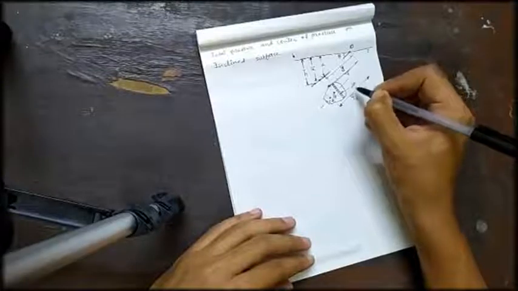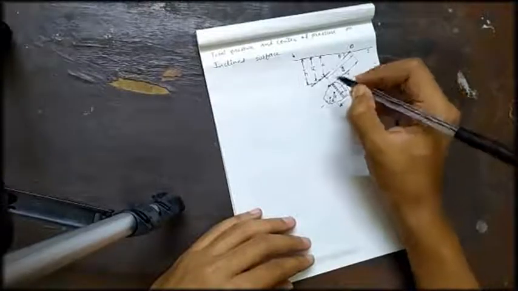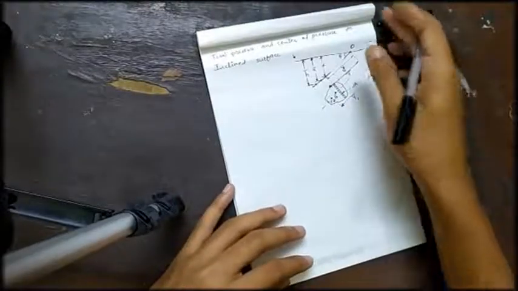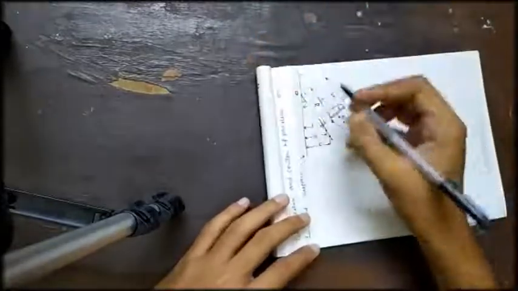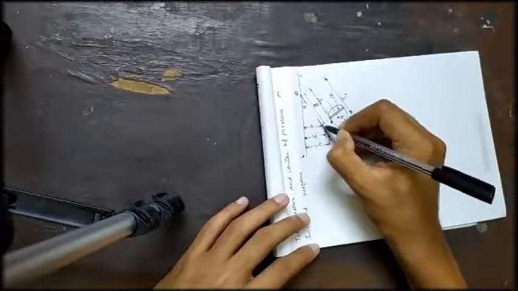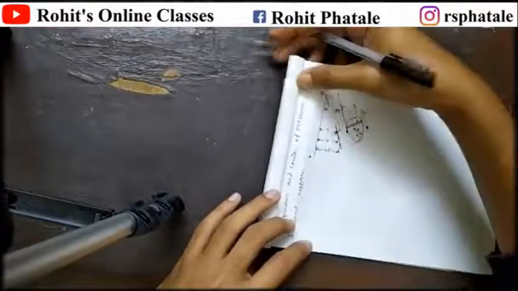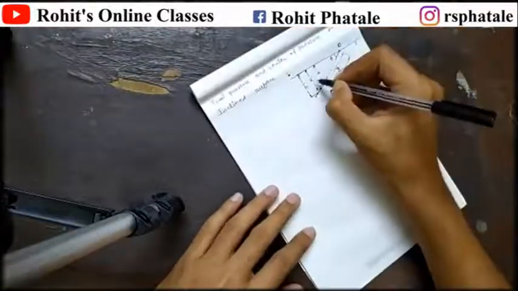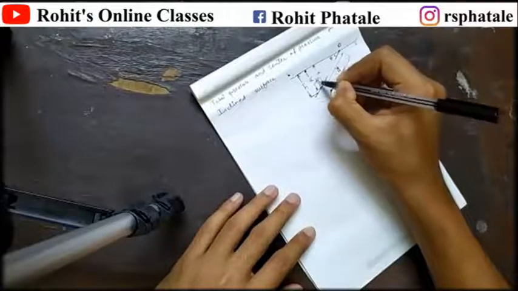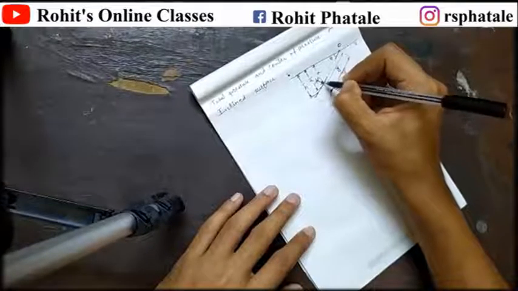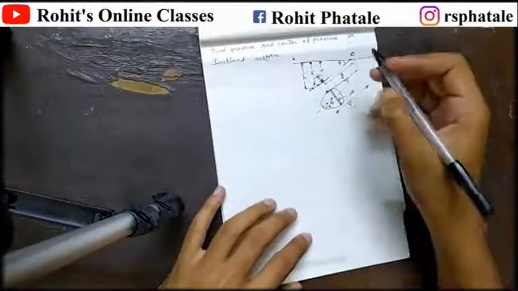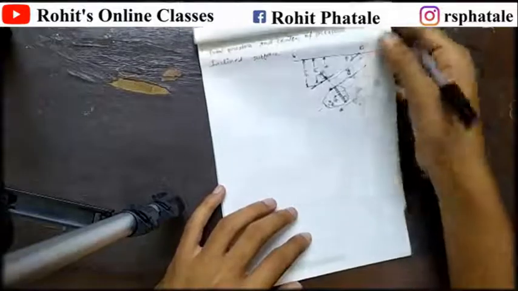A small area is there, that's why we have taken this as dA, and the pressure coming on this small strip is nothing but dP. So this is our small pressure coming on this. I have drawn one arrow over here so that you can see.